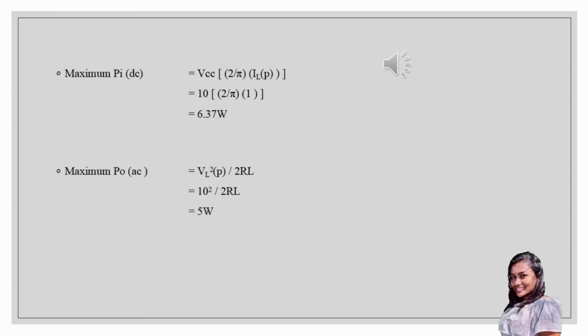To calculate the maximum power input, the formula that we are going to use is power in DC equals VCC times 2 over pi times IL peak. Inserting the values into the formula, we get 6.37. For maximum power out, we use the formula VL squared over 2RL. 10 squared over 2RL is equal to 5.